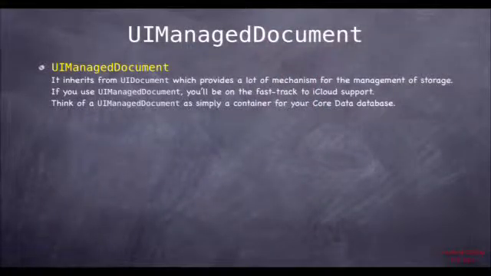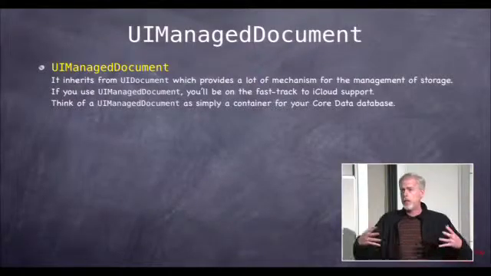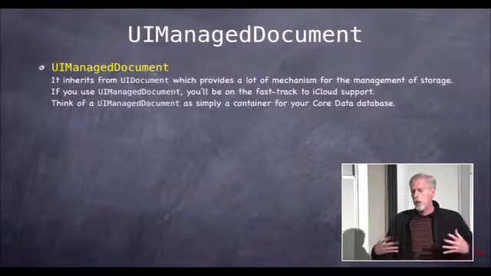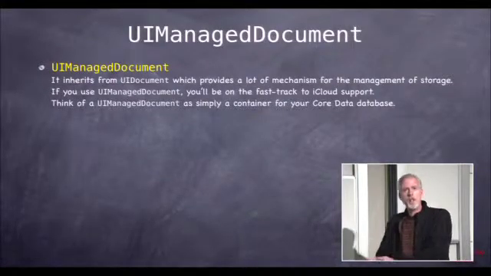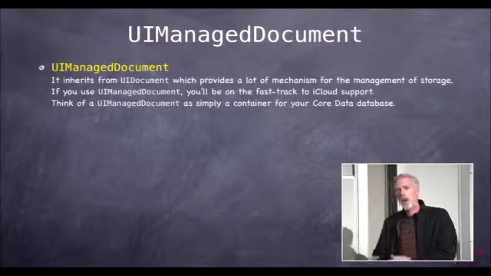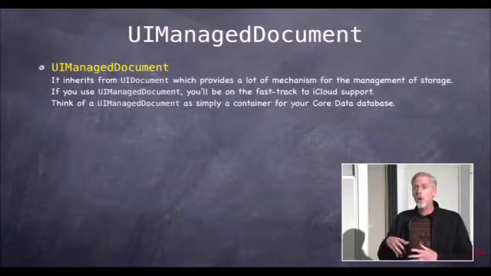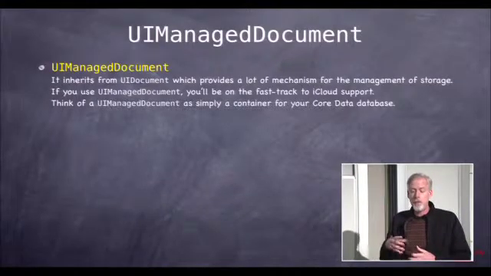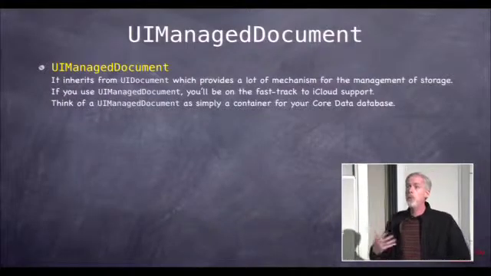This is a class that inherits from a class called UIDocument. UIDocument has a bunch of mechanism for managing a file or a group of files that are related on disk. So things like saving them, opening the files, having them migrate to iCloud. So UIManagedDocument is also kind of your window onto iCloud. If you want to support iCloud in your app, you're probably going to want to use UIManagedDocument.